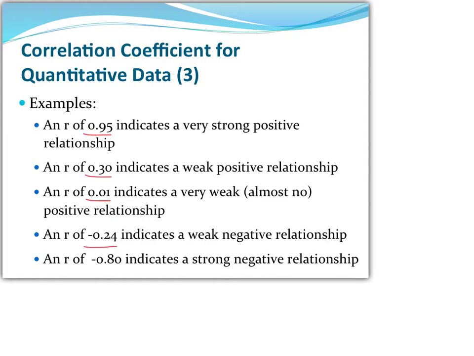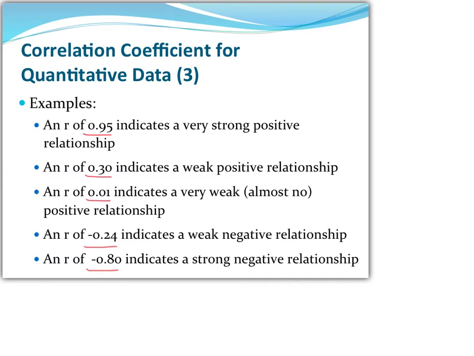An r of -0.24 indicates a relatively weak negative relationship or correlation, and an r of -0.80 indicates a relatively strong negative relationship or correlation, as this value is getting closer to -1.